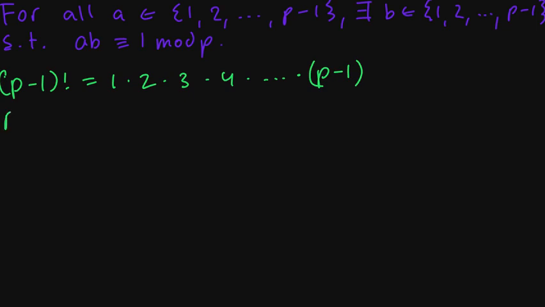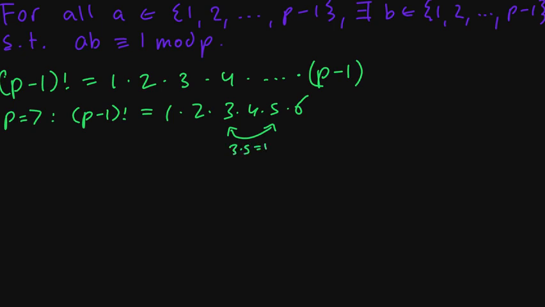For example, if p equals 7, p minus 1 factorial equals 1 times 2 times 3 times 4 times 5 times 6. We can pair up some numbers to get numbers that are congruent to 1 mod 7. For example, we can pair up 3 and 5, because 3 times 5 is equal to 15, which is congruent to 1 mod 7.